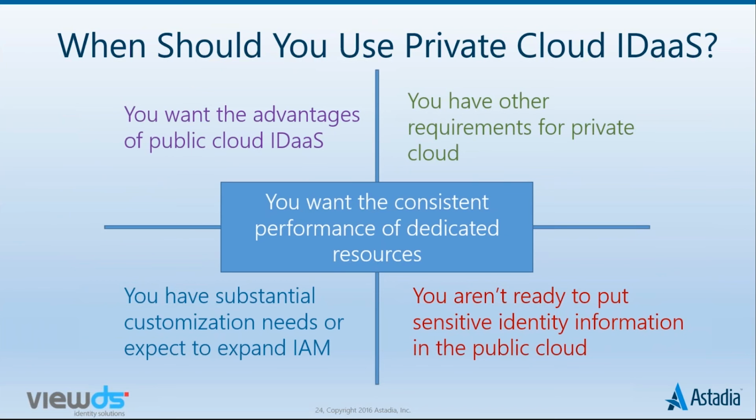Well, I think if you want the advantages of public cloud IDaaS, so you want to be able to control access to public cloud applications, and you want to provide single sign-on to your customers, and if you have any other needs that require a private cloud deployment, so you have applications that you don't want to run in the public cloud, or you've got regulatory requirements around where you store your identity data, then private cloud identity as a service makes lots of sense.